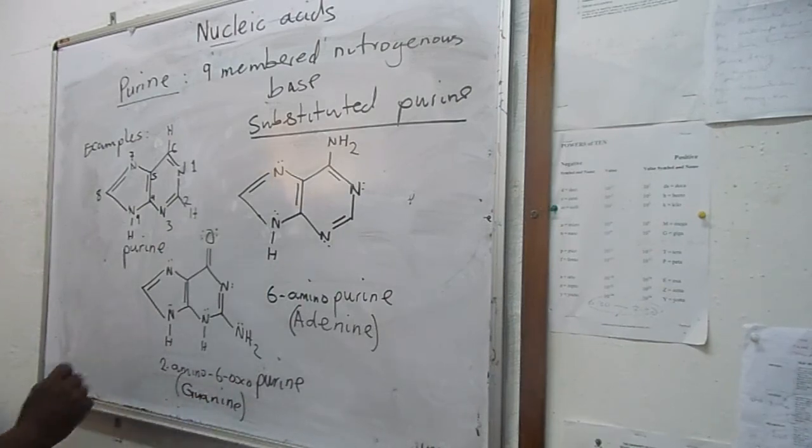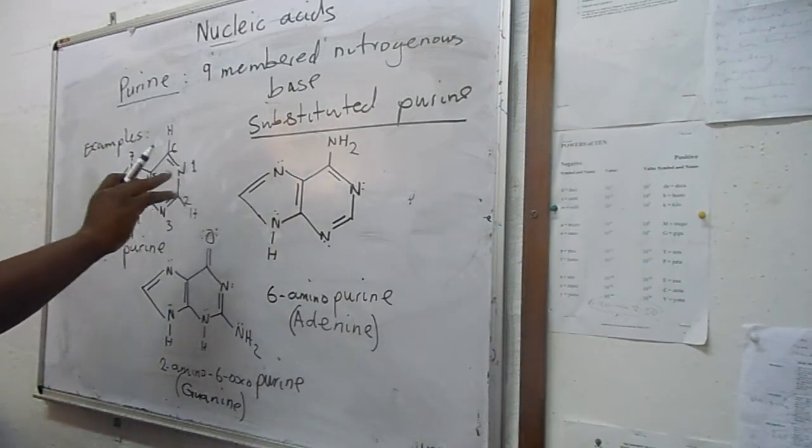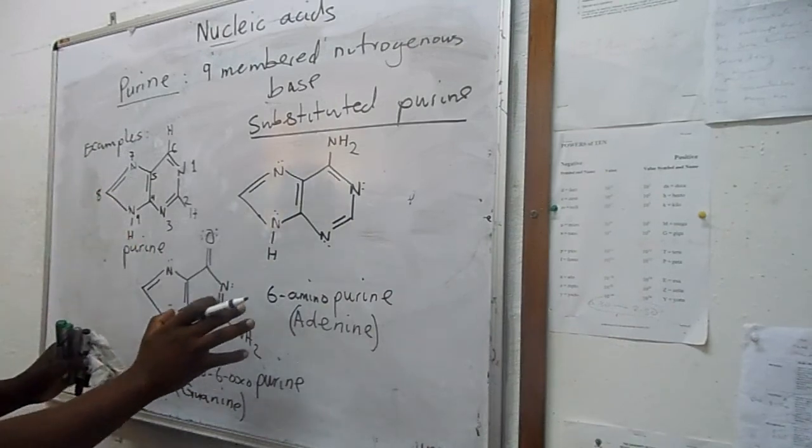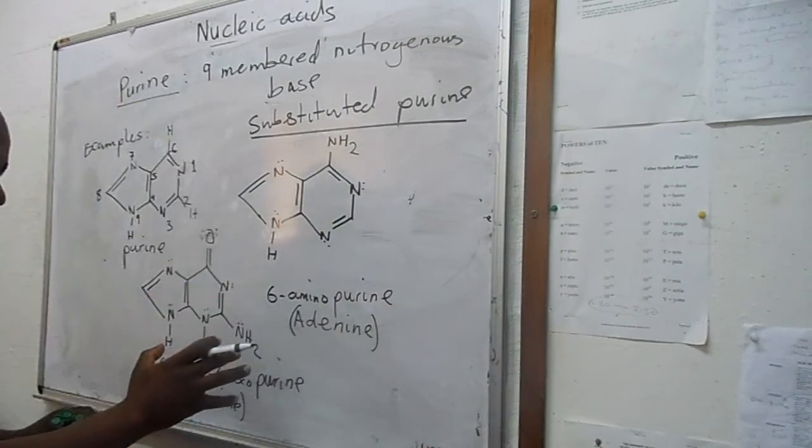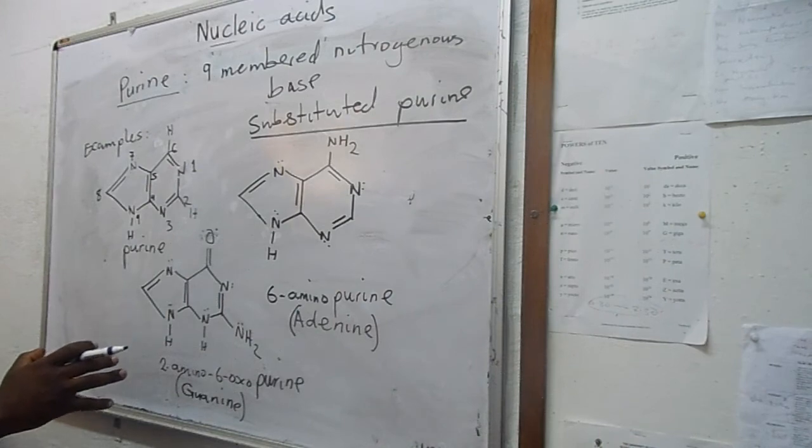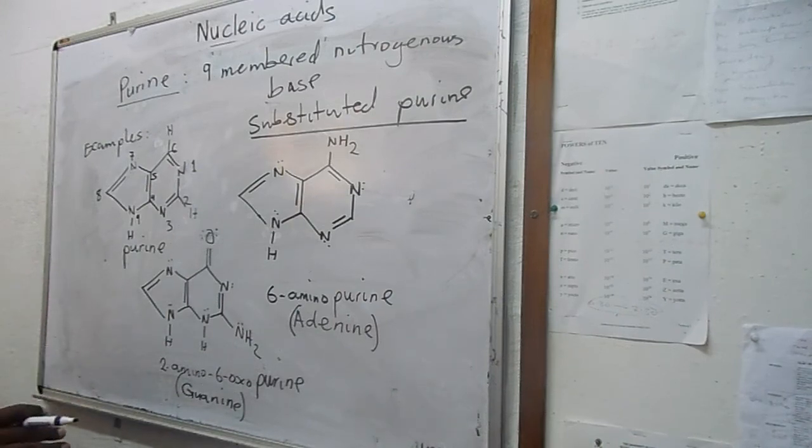That's a common name, and that's the one we use commonly. So these are the major purines. These are the purines that you find in nucleic acids.